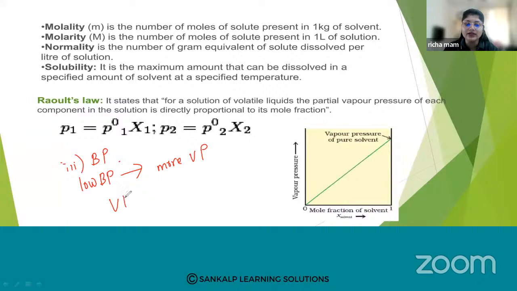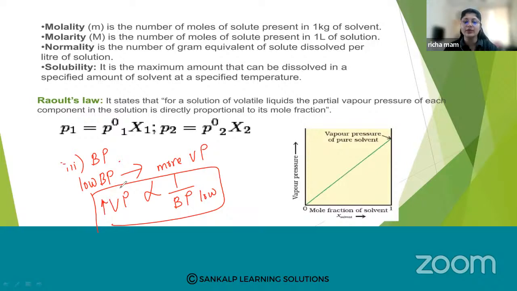So how is it related? Vapor pressure is inversely proportional to boiling point. So low boiling point, more vapor pressure. If the boiling point is low, what will happen to the vapor pressure? Vapor pressure will be high.